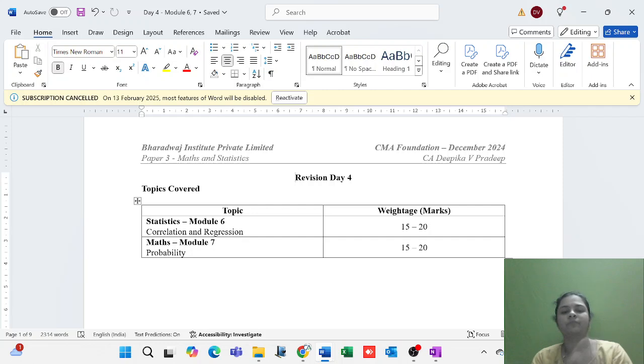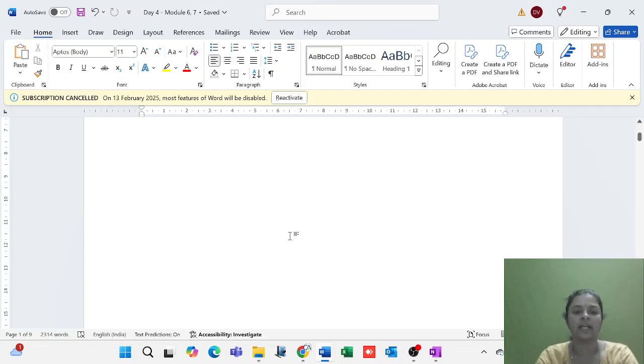So quite a good weightage. The questions are not very lengthy by nature, but they are tested a lot on conceptual understanding or on properties, etc. So first we are going to start off with correlation and regression analysis.